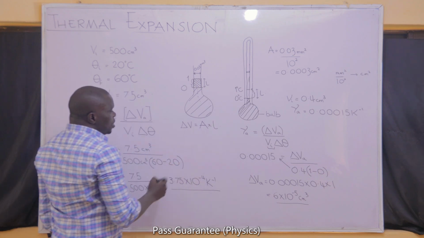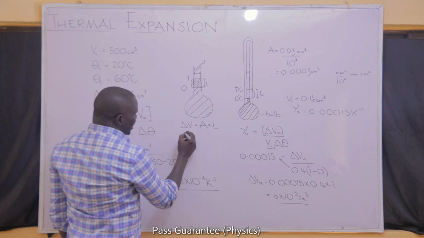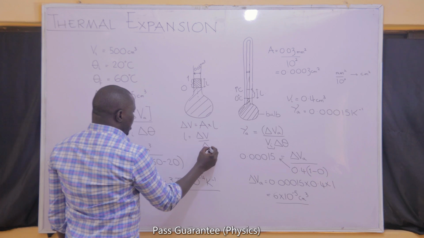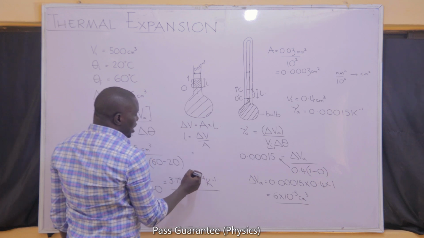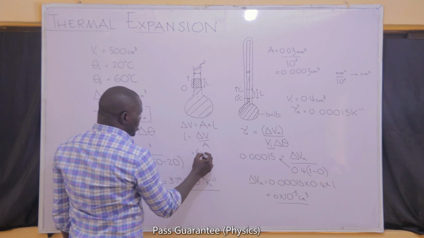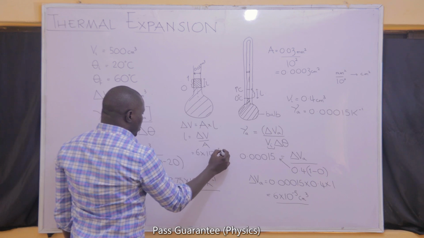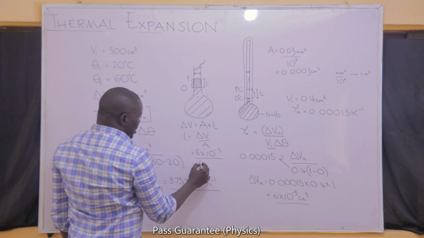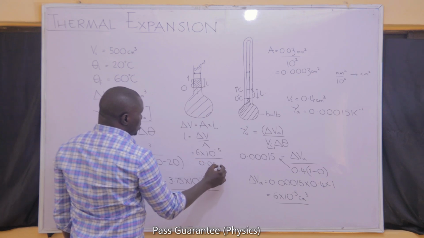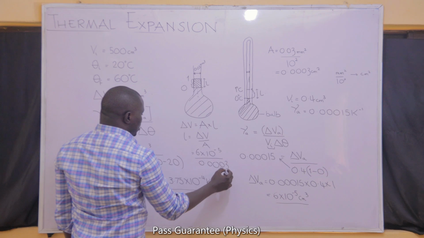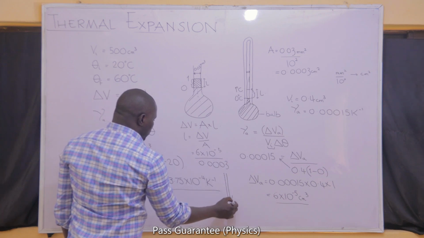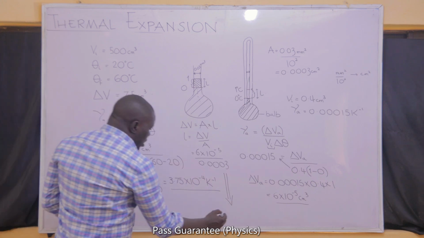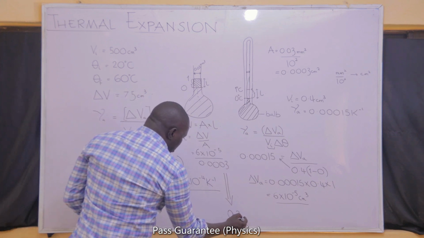So the length must be change in volume divided by area: 6 times 10 raised to the power minus 5 divided by 0.0003. That should give me a value equal to 0.2 centimeters.